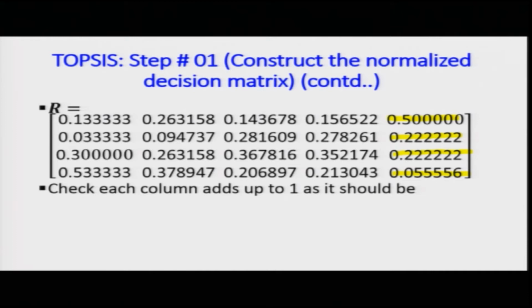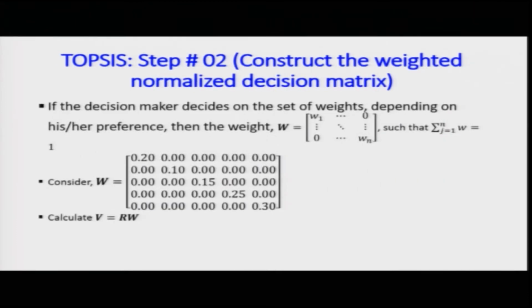So this is the normalized matrix which I have. Now the decision maker has to make a decision about the weights, that means the relative importance which he or she thinks each criterion would accrue, such that the values given for each alternative would be multiplied by the corresponding weights to make a ranking.